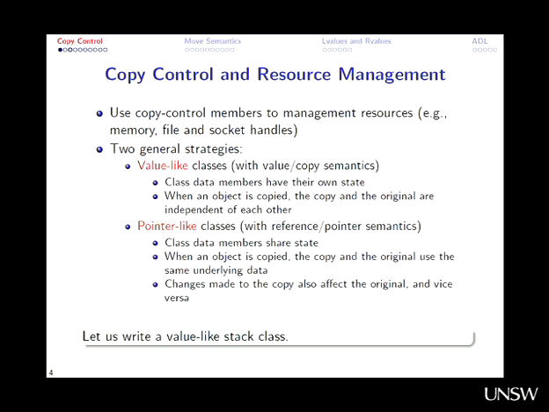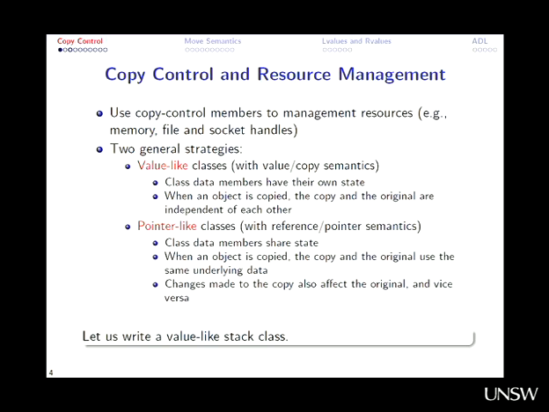It doesn't get moved or referenced in. Class data members inside this container have their own state, so when I put an object inside something and I get a copy of it, these things are independent of each other. So this is a value-like class. A pointer-like class is when what I put inside here gets referenced or gets pointed to.